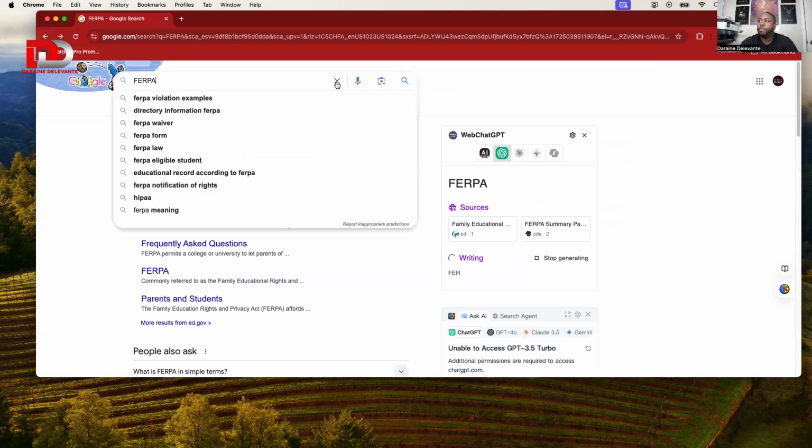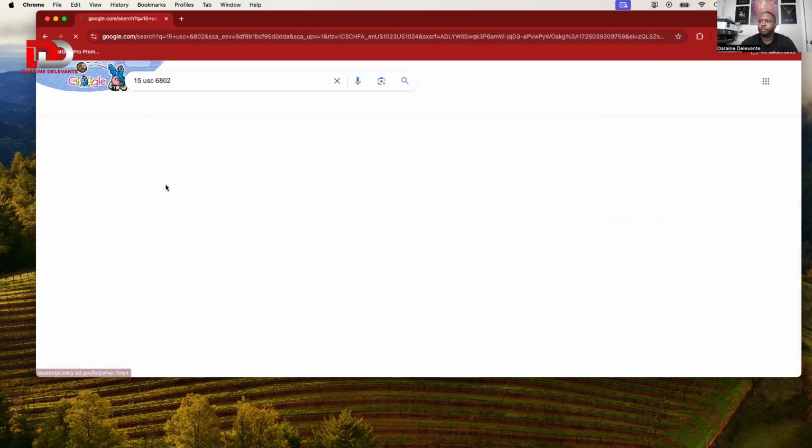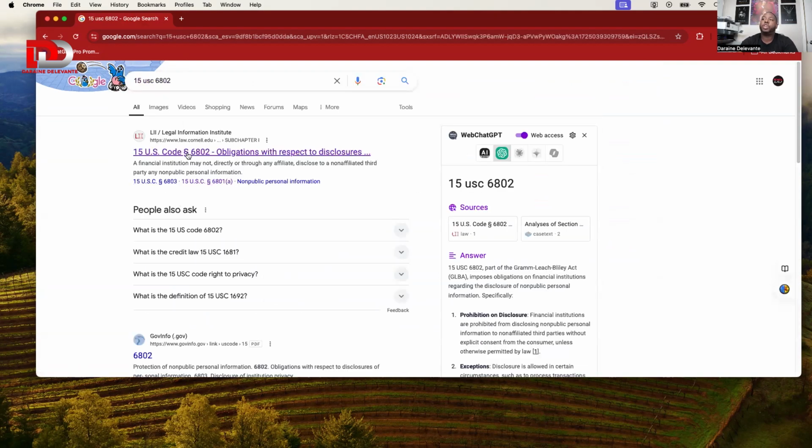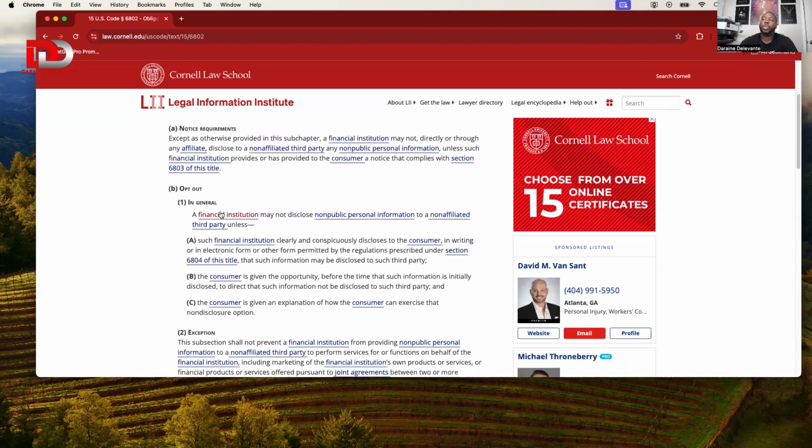In addition to FERPA, there's another law, 15 U.S.C. 6802, where we're also opting out of having our information shared. So FERPA combined with the opting out of your information, this is how we get student loans deleted.